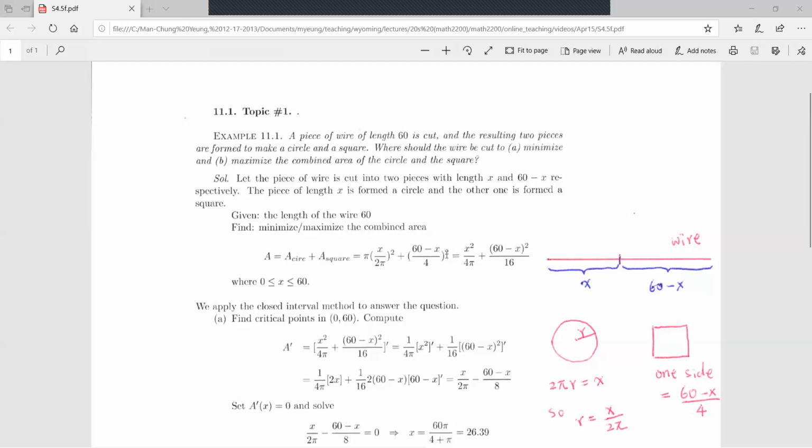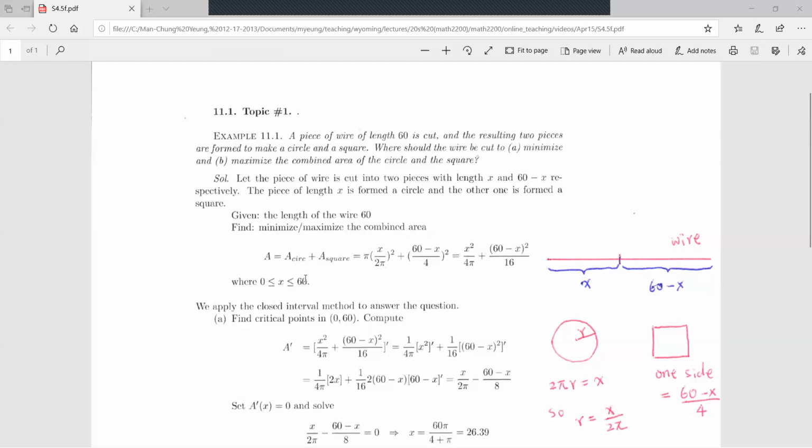X cannot be negative because X here is the length of one piece. X cannot be greater than 60 because the length of the whole wire is just 60.